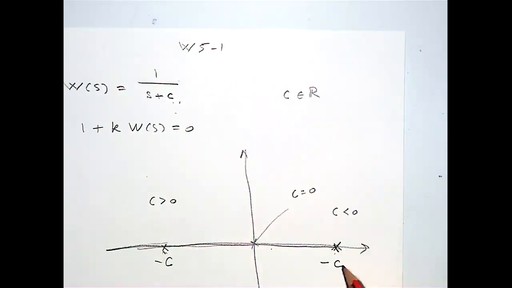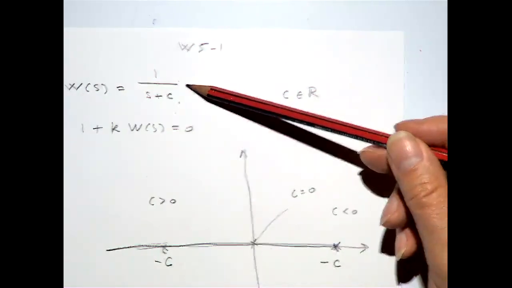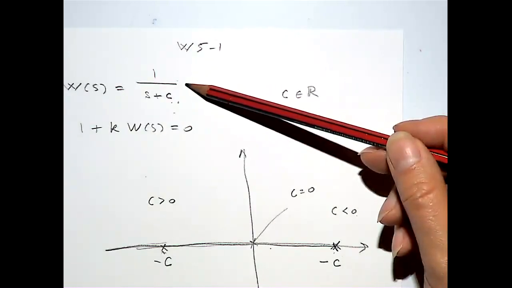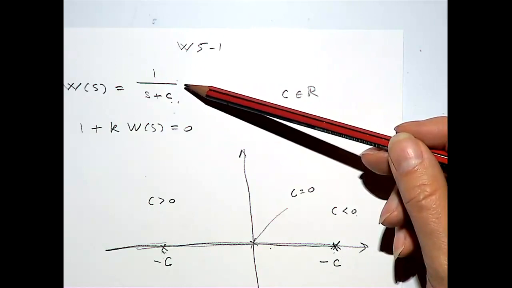And this is also minus c, but since c is negative, that's in the positive part of the real axis. So for first order transfer functions with only one pole, that's it. There's nothing else to do.